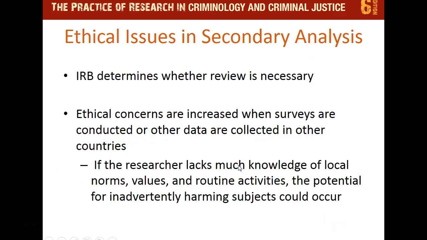And some other issues when we're talking about secondary data: the IRB determines whether review is necessary. Even when you're using secondary data, you can submit an expedited review to your IRB. If you're working on your thesis, this is what you would do if you're using secondary data. You submit it to the IRB at LNU, and they will determine if there needs to be anything else completed.